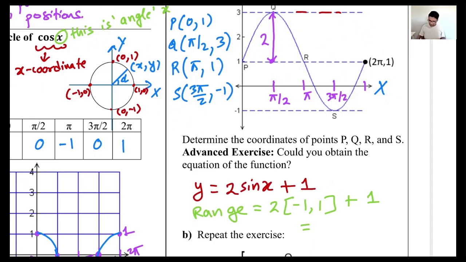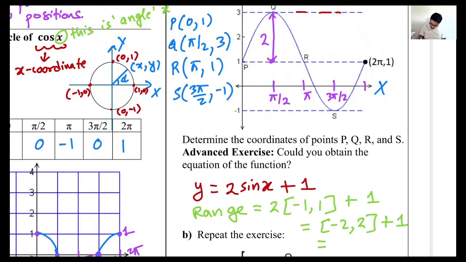If you take a range of -1 to 1 and multiply by 2, you're stretching by 2 times. That goes now from -2 to 2. And then you're adding 1 to the whole range, that is, you're shifting the graph up.